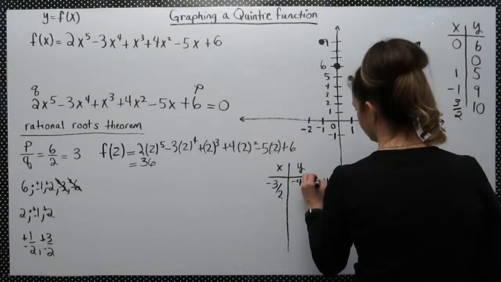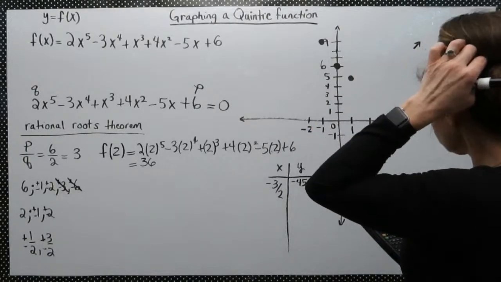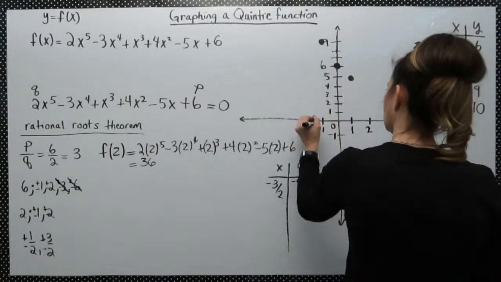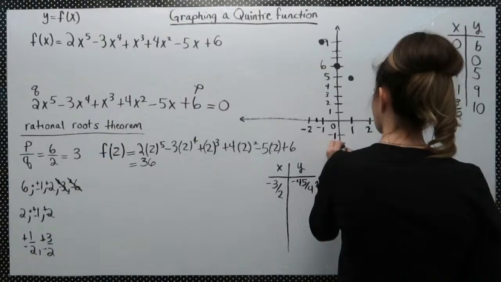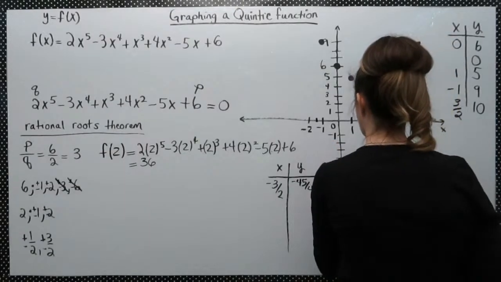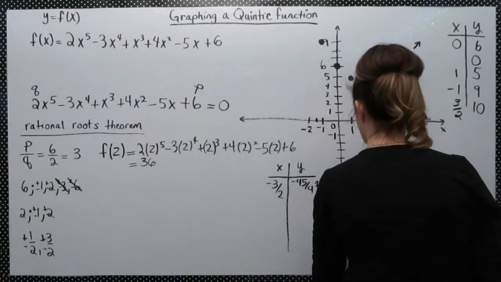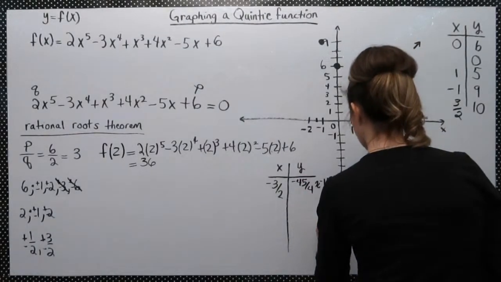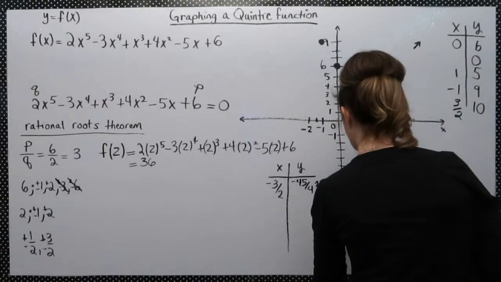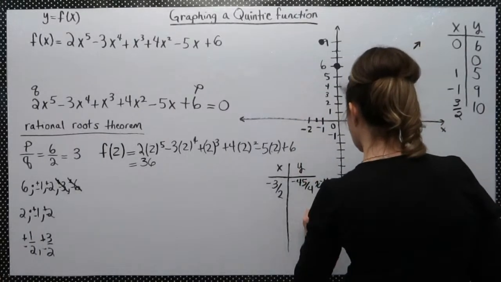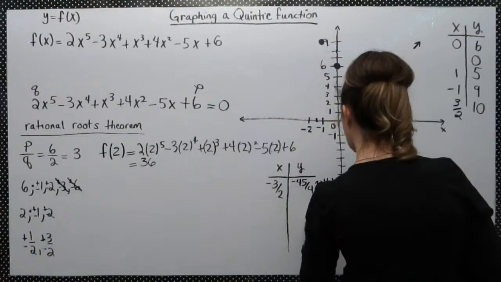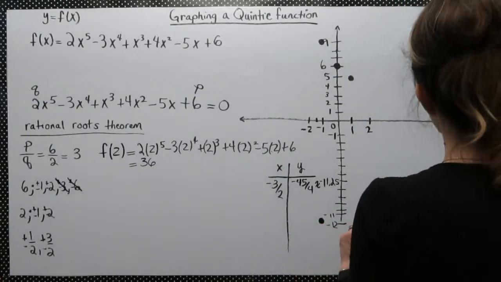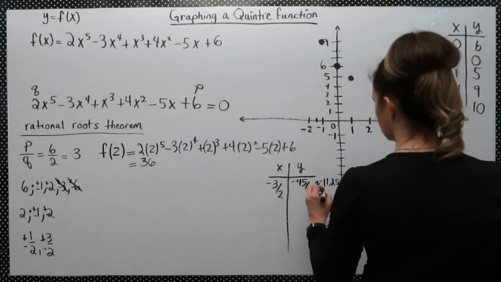negative. So right here between 1 and 2, we're already at here, negative. I'm getting well ahead of myself here. So this point is on my graph. And then negative 1, I was already at 9.